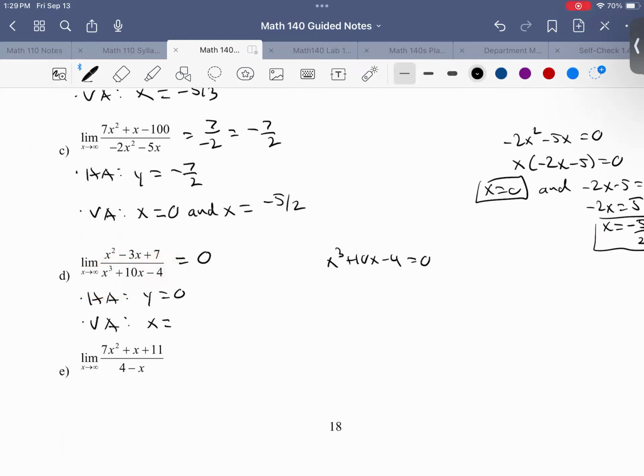So I'm going to make that note. Graph and see where it crosses the x-axis. Okay, that means it's basically finding the x-intercept.